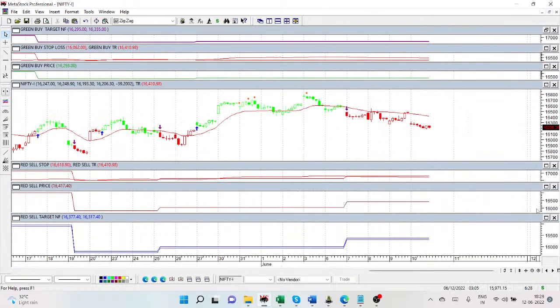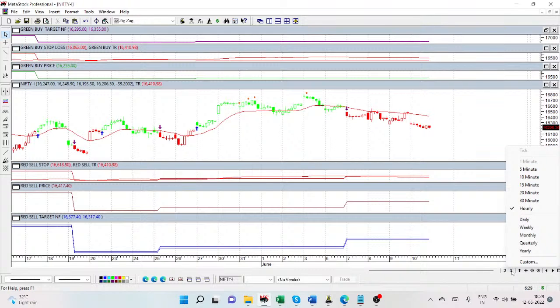to a lower time frame, starting with hourly. The hourly signal was on the 6th or 7th of June in the morning, after 10 o'clock. That was the position where the sell should have been taken, and then you hold on to the position. Anything less than the 1-hour chart will automatically go intraday.